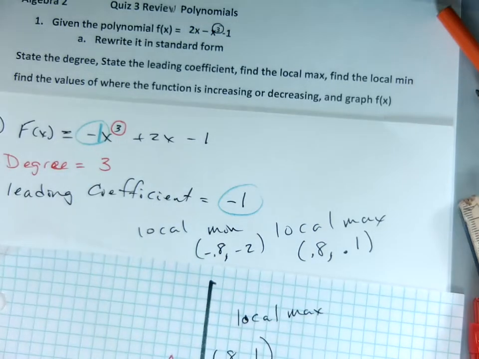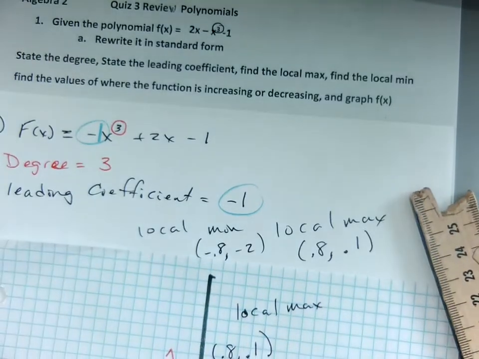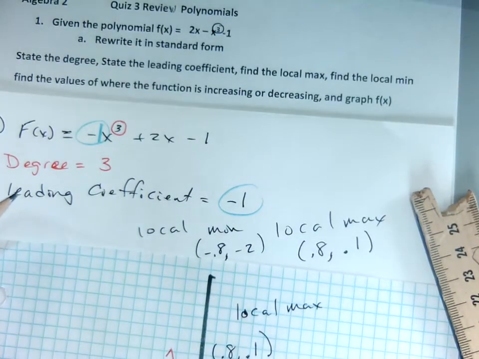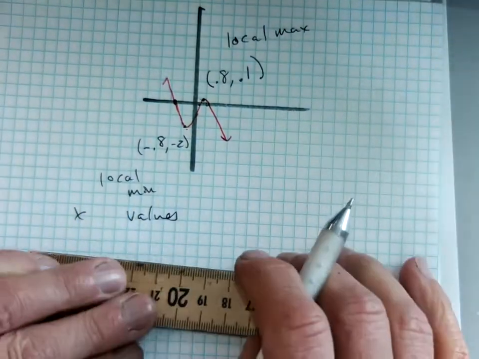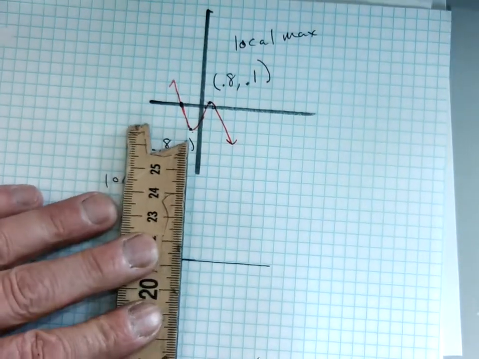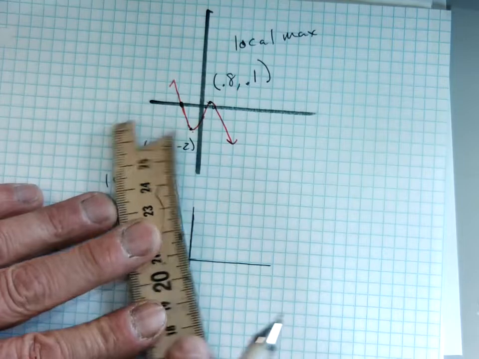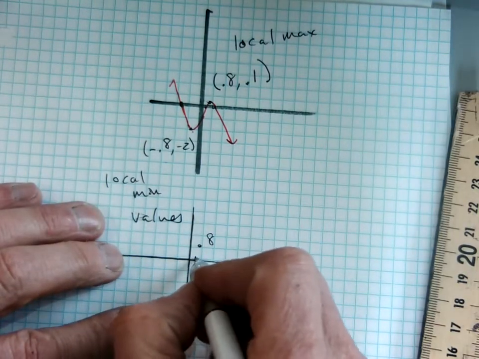Now, if we want to find out where it's increasing, decreasing, it's all about the x values, okay? My x values. One way to do it, oops, sorry, I was off the screen, my bad, is to just look at the x-axis, okay? So let me go ahead and relook at this x-axis. Just one way to do it. I do know you got a max right here at 0.8.